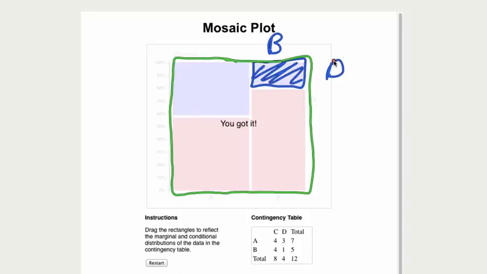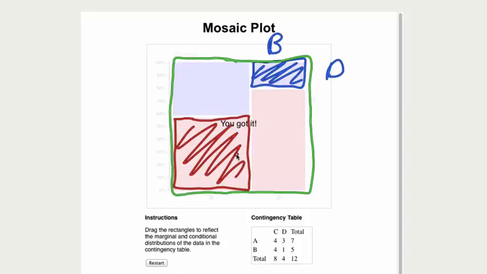Similarly, if we take a look at this rectangle, its area relative to the whole plot is the proportion of units that are in categories A and C. Let's see if this matches up with the contingency table. The proportion of units in B and D is 1/12, and the proportion of units in C and A is 4 out of 12.